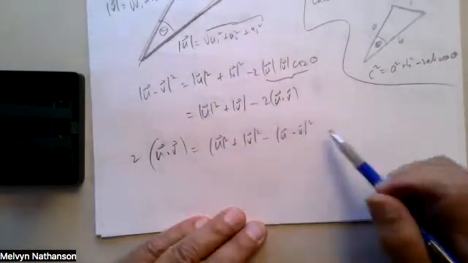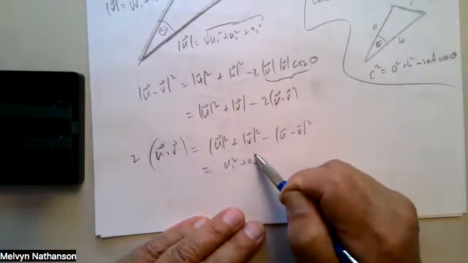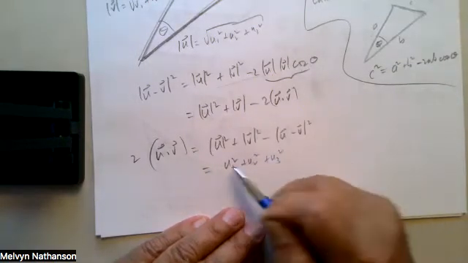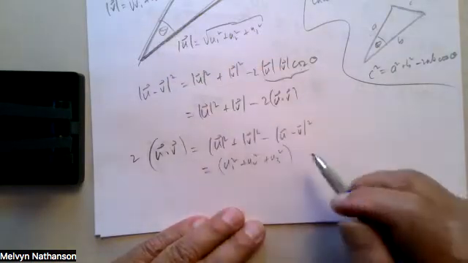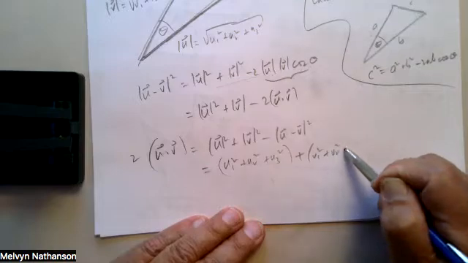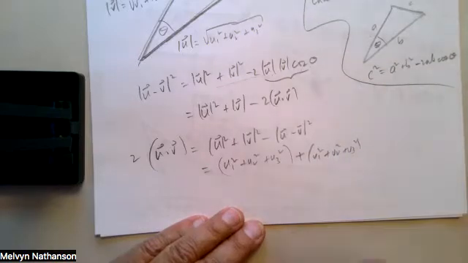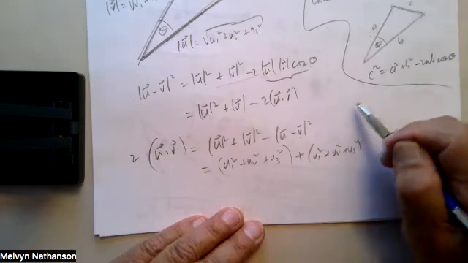The length of u squared is u1 squared plus u2 squared plus u3 squared. The length of v squared is v1 squared plus v2 squared plus v3 squared. What's the length of u minus v?